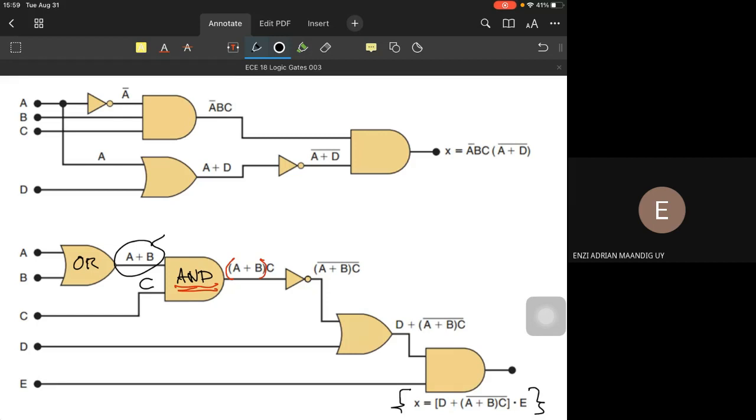Okay, so where are we? Or. So D or everything else. Here, E and everything else. Notice the symbol used for and at this point.